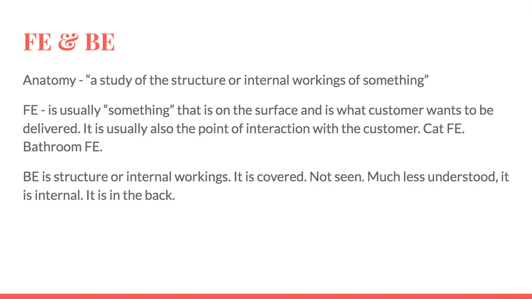The front end of google.com is a search bar, right? And that's a very little part of what they have in the backend to enable this front end to work. So front end is a point of interaction with the customer of our customers.